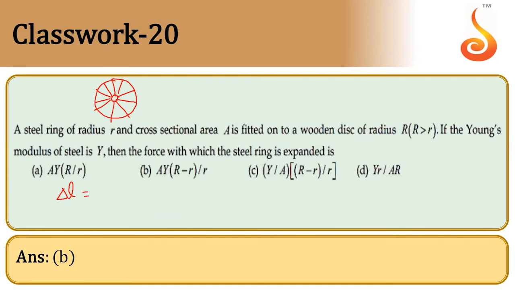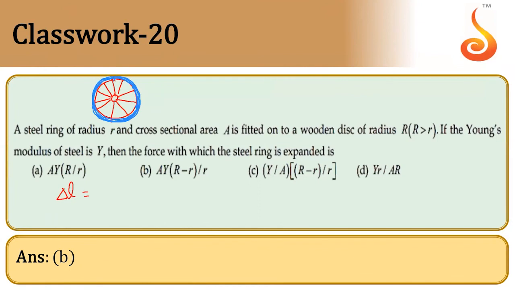To fit that, they heat the iron ring, and after heating it will expand, and when it expands it can easily fit onto the wooden wheel. Now they cool it. Once they cool it, it will contract. When it contracts, it tightly fits onto the wooden wheel so that it will not come out.